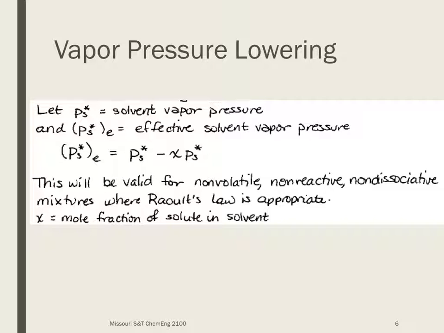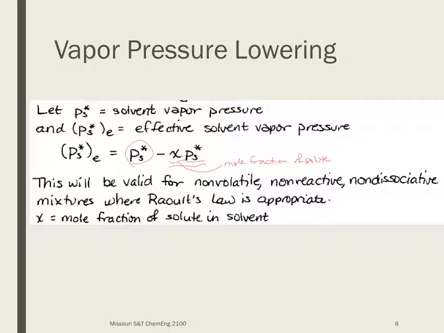So, vapor pressure lowering. If I want to know the effective vapor pressure of a liquid after I've added some solute to it, then I'm going to take the vapor pressure that I actually have and subtract off the vapor pressure times X, where X is the mole fraction of the solute.